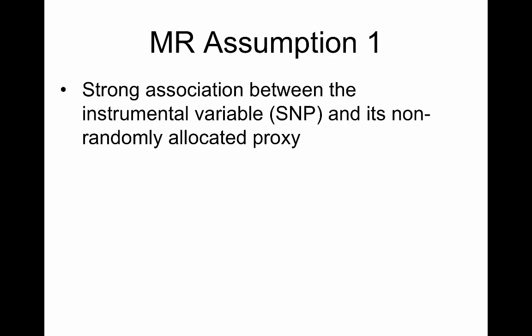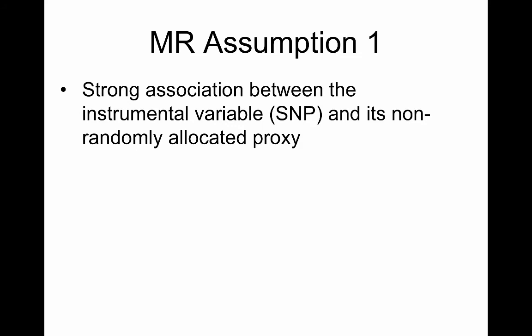Before we get there, I do have some good news for you. One really nice thing about epigenetic changes, and DNA methylation in particular, is that they often have very strong instrumental variables that are not hard to find. Recall that that's our first assumption of Mendelian randomization, a strong relationship between a variable and its genetic proxy.